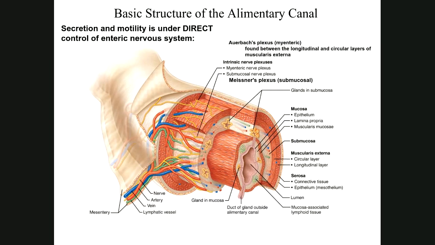And they have some nerve plexus in the submucosa. This plexus is called the submucosal nerve plexus or Meissner plexus. Those yellow, that's nerves. Green for lymphatic vessels, red and blue for blood vessels.